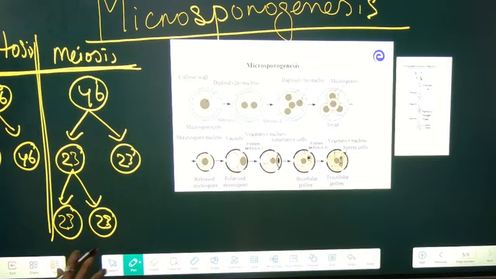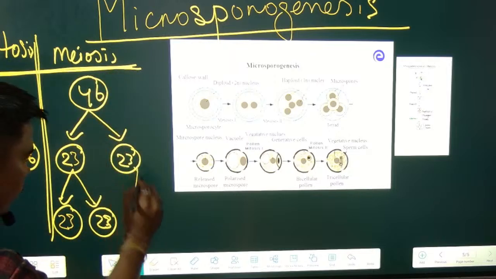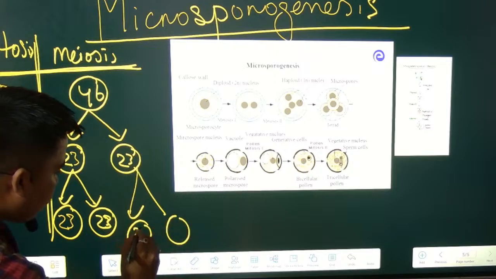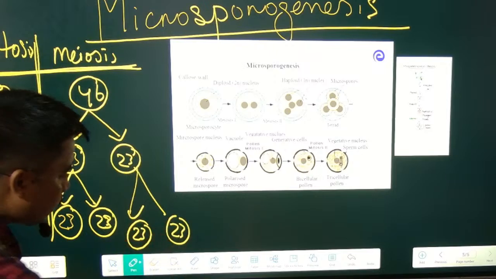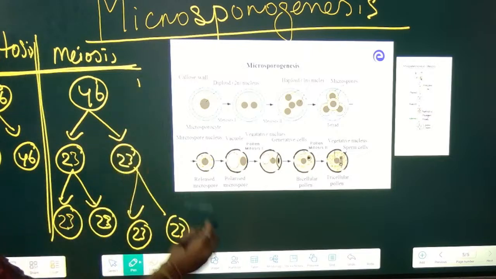So it will create another two cells, 23 and 23. So ultimately from one cell you are having four cells, and in mitosis you are having two cells only. It's a one step process, and it's a two step process.